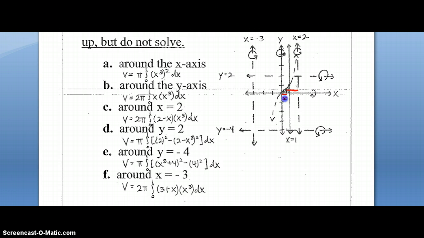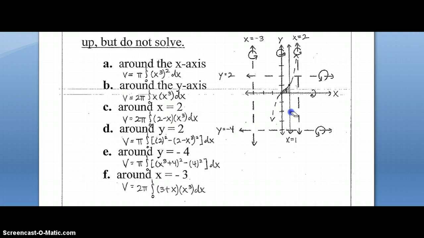So if that's x, and the distance from the y-axis to what we're revolving around is 2, then our radius here is 2 minus x. So 2 pi times the integral from 0 to 1 of our radius times our height, which is still just going to be x cubed dx. Pretty nice, easy setup once you get the hang of it.